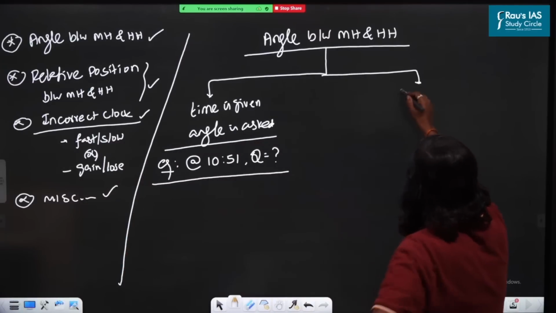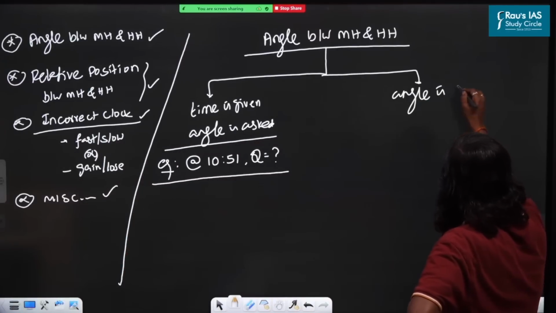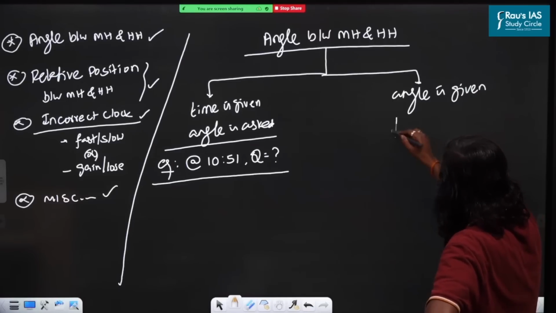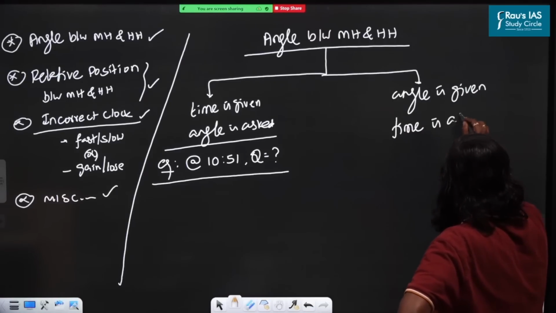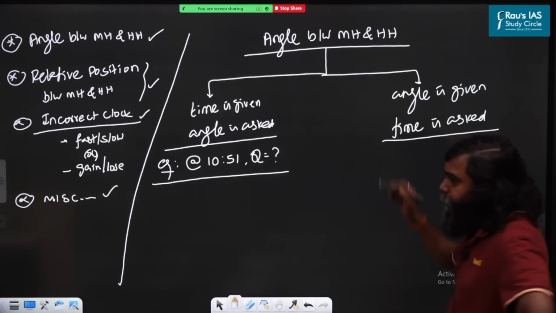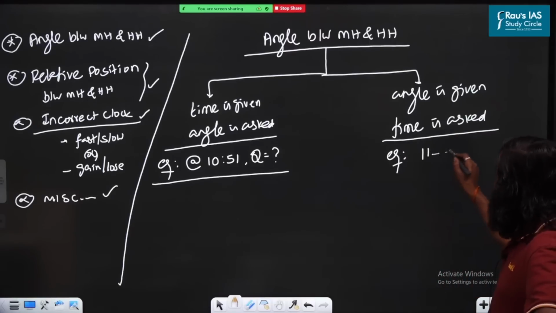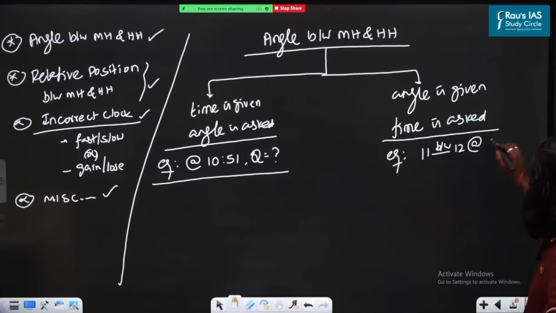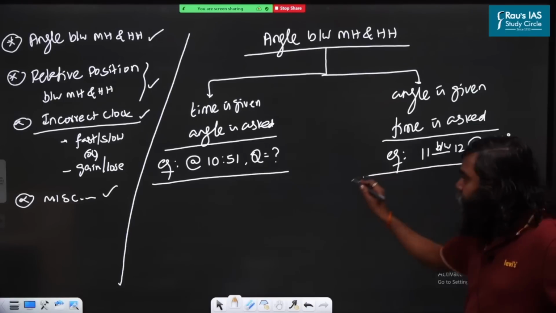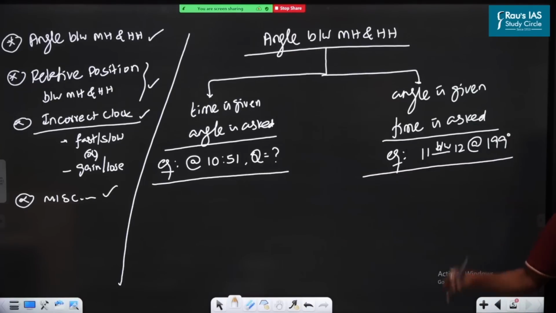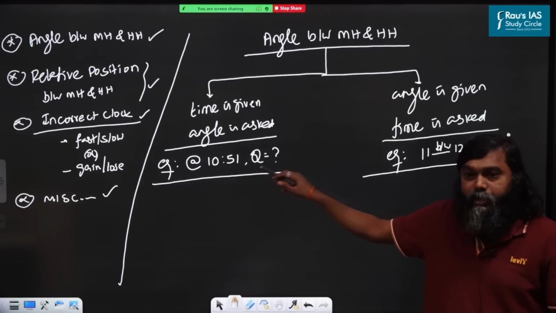Or angle is given and time is asked. For example, between 11 and 12, at what time can we create a 199 degree angle? Angle is given, time is asked.